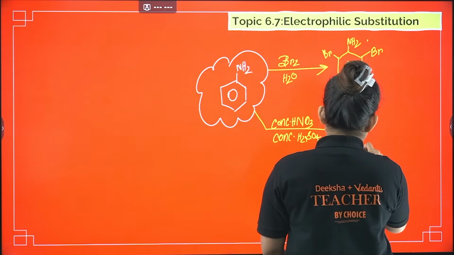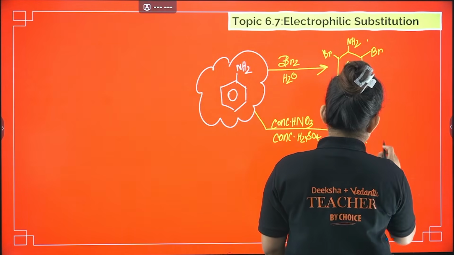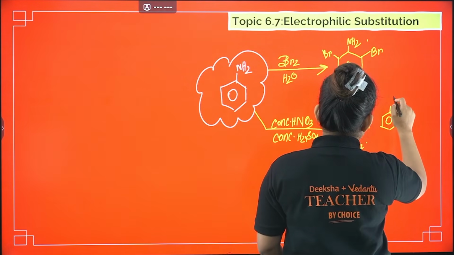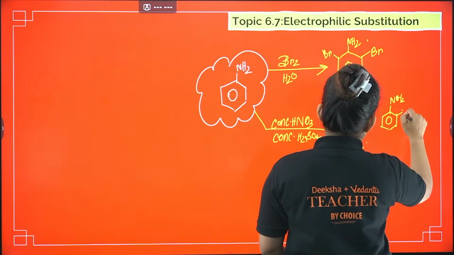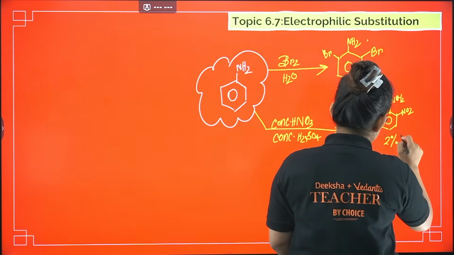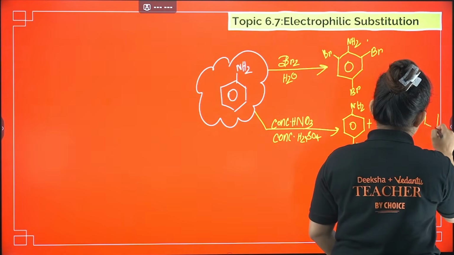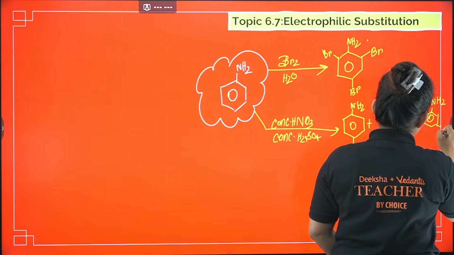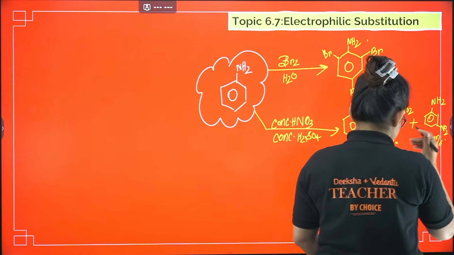Here this is your para, definitely that's going to be the maximum percentage, 51% I will get, plus I can get ortho substituted nitro as well. This is very less, basically 2%, and I can get meta as well, NH2 with NO2 in the meta position, 47%.